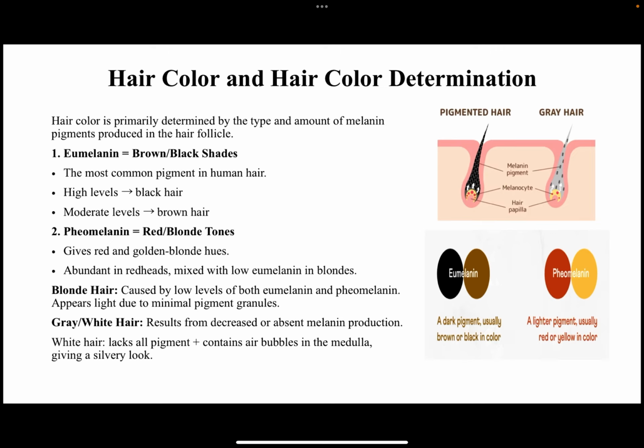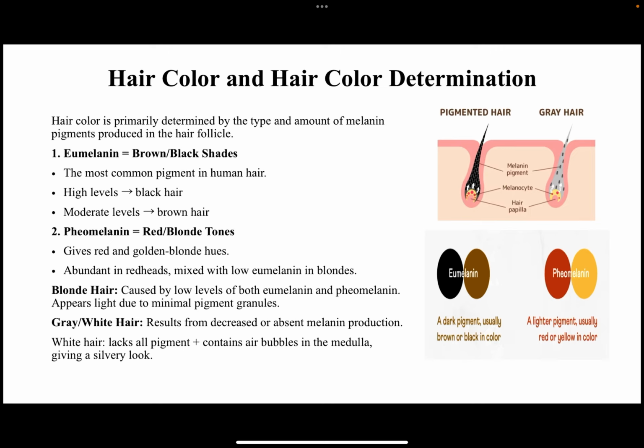But if you have more pheomelanin, your hair color will look red. So if someone's hair color is red, it should tell you the person has low levels of eumelanin and high levels of pheomelanin in the hair follicle. That's the meaning. Is that okay?